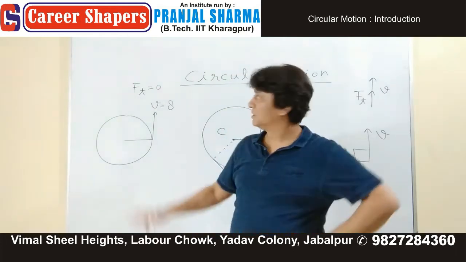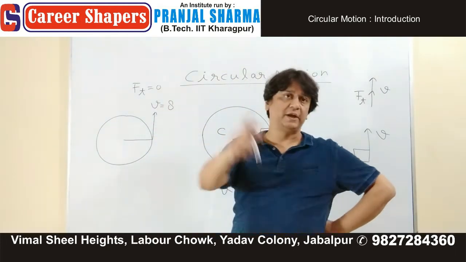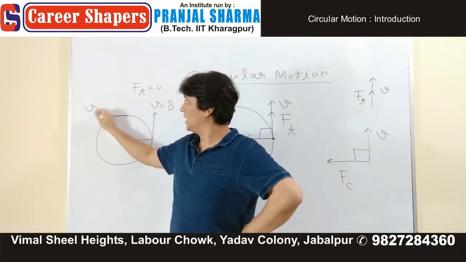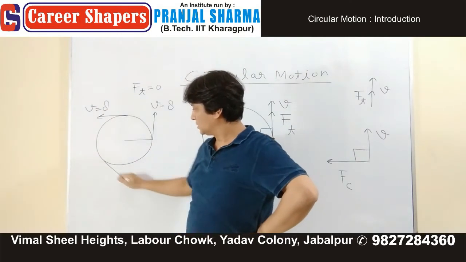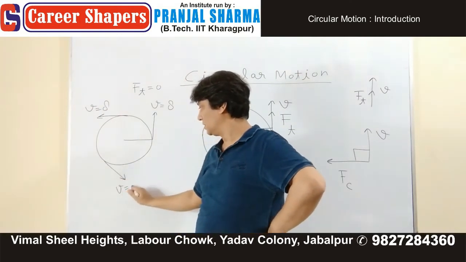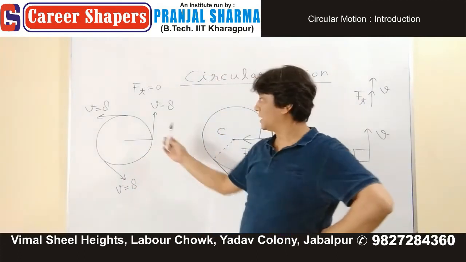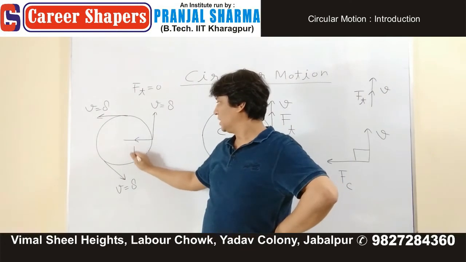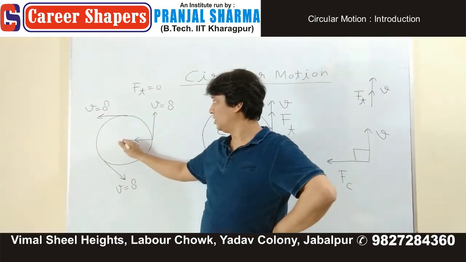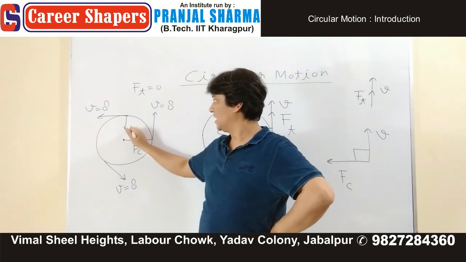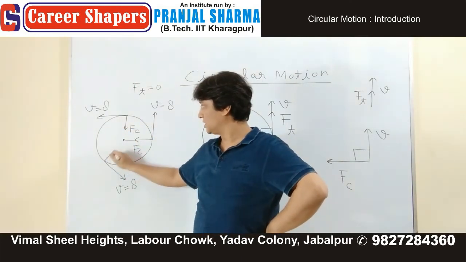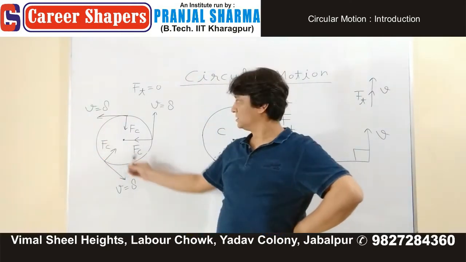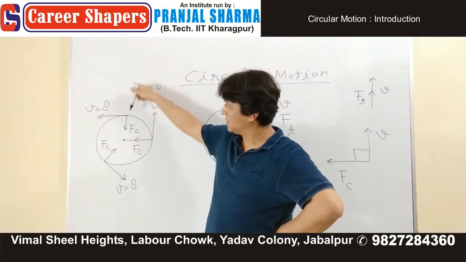Then it means आप इस ऑब्जेक्ट की स्पीड को चेंज नहीं कर सकते. जब ये यहां आएगा V क्या होगा, 8. जब ये यहां होगा तब भी V क्या होगा, 8. लेकिन आपको दिख रहा है कि डायरेक्शन लगातार चेंज हो रही है. इसका मतलब Fc is all the time present, and it acts towards the center.